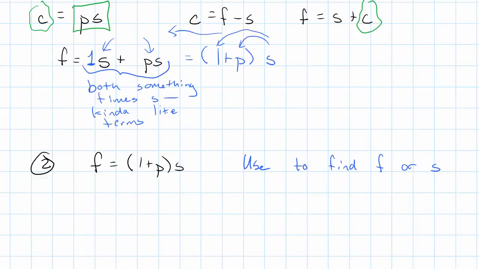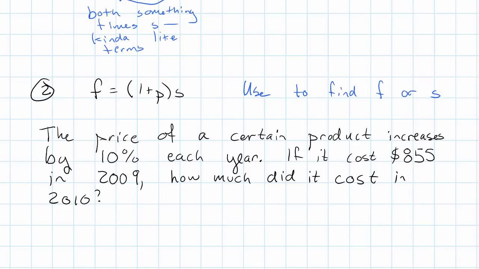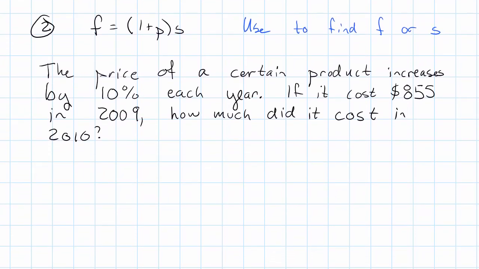So, for example, we might be told, suppose the price of a certain product increases by 10% each year, and we know it cost $855 in 2009. How much does it cost in 2010? Well, we know the percent change is 10%, which is 0.1. That 855, is that the starting value or the final value? Well, 2009 comes before 2010, so 855 must be my starting value.